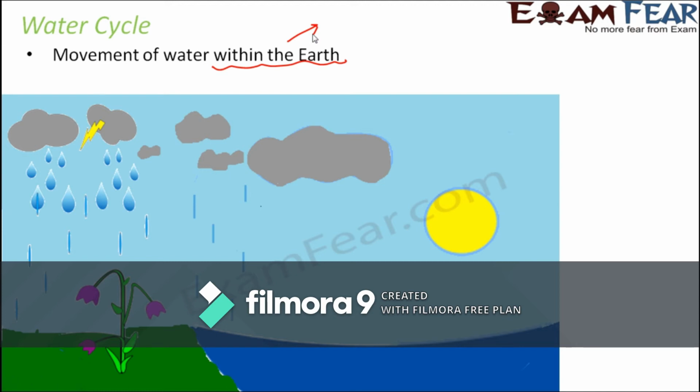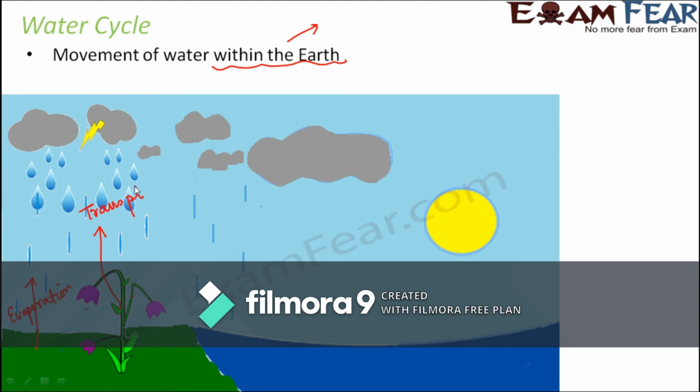Let us see how exactly the water cycle, or the circulation of water, takes place. From the land, we see that evaporation takes place, because of which liquid water gets converted to water vapor. Evaporation is one such process, and the other process is transpiration.